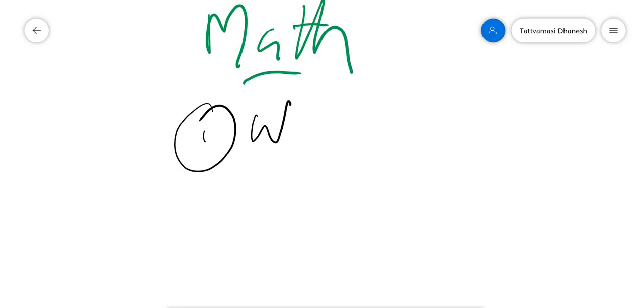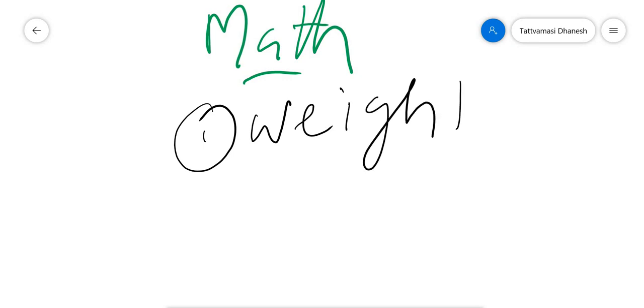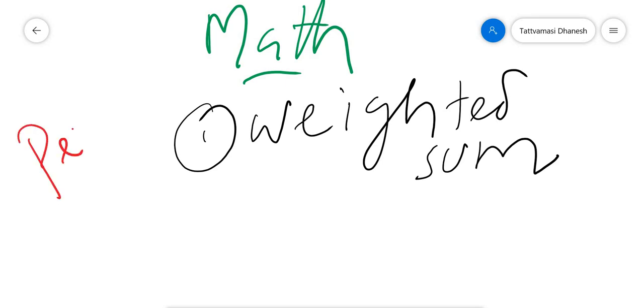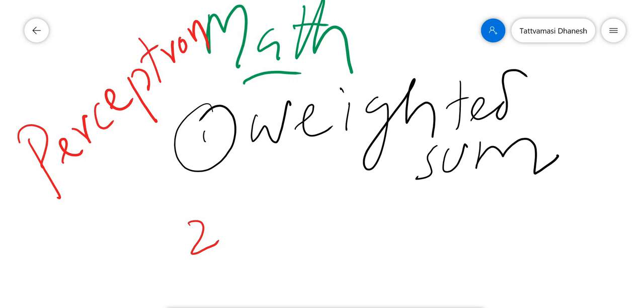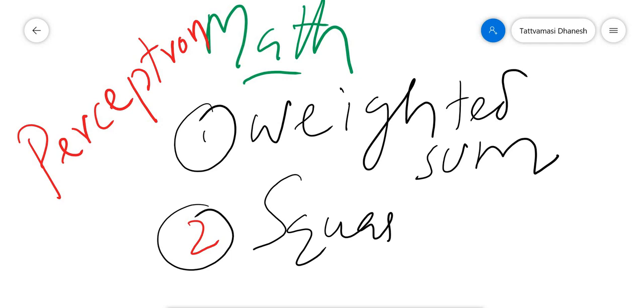If you see the math behind a perceptron, an artificial neuron, in each perceptron, first it calculates the weighted sum. Second, it squashes the weighted sum with an activation function. These are the two processes we usually do in an artificial neuron.